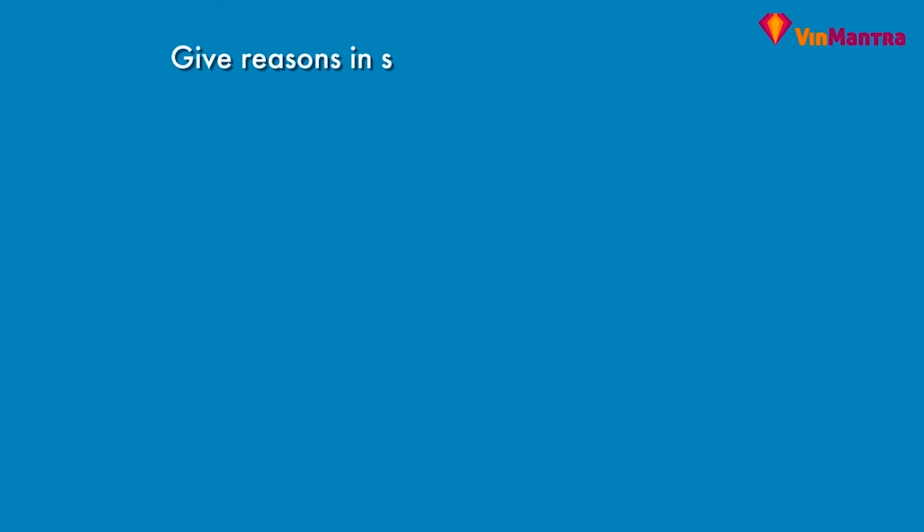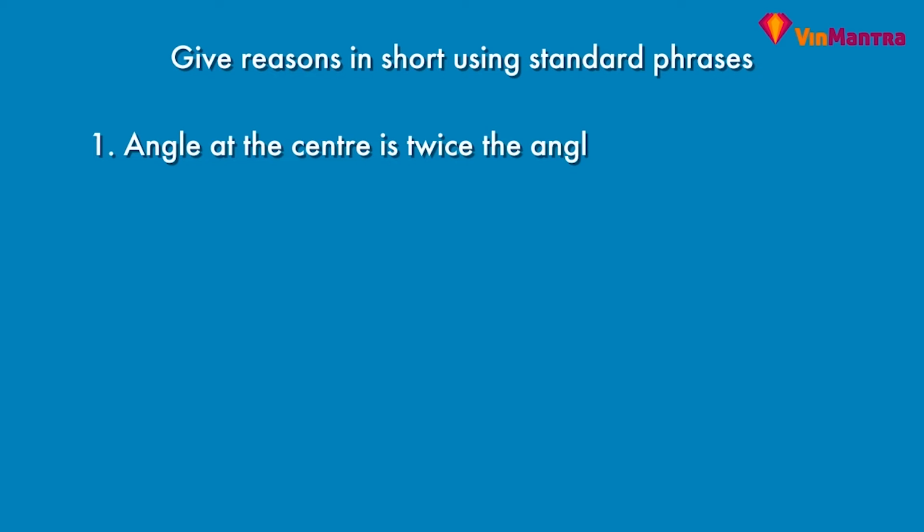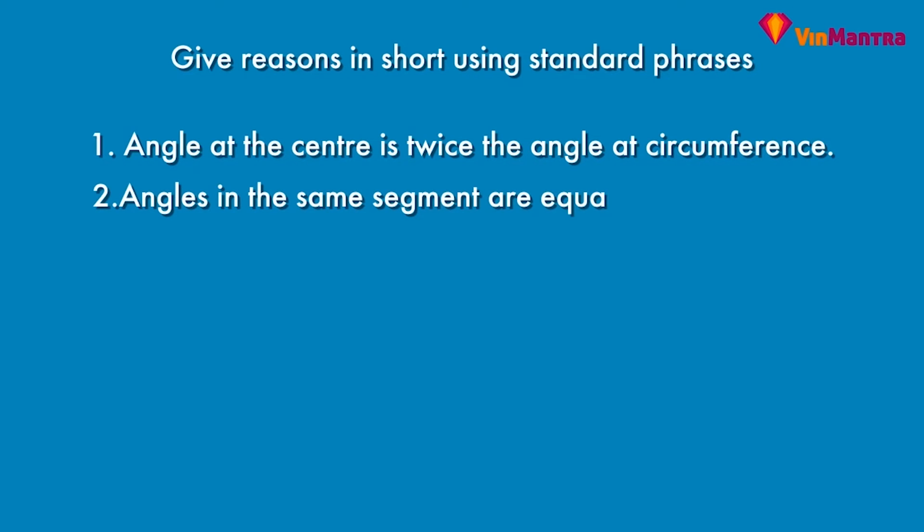While solving circle theorem questions, you can give reasons in short using these standard phrases. 1. Angle at the center is twice the angle at the circumference. 2. Angles in the same segment are equal. 3.